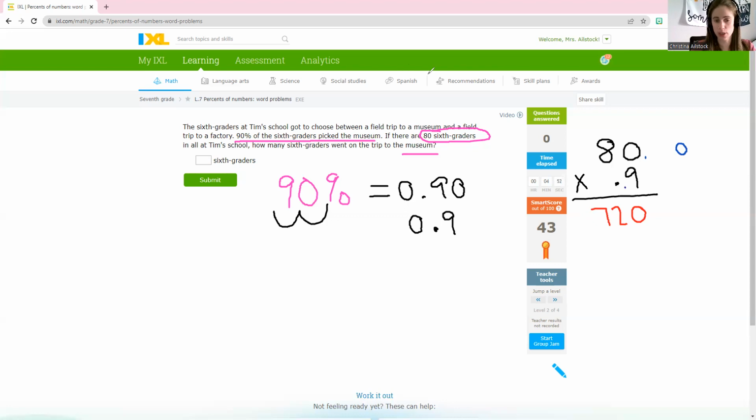And our second number here, we have one digit to the right, meaning in our answer, we need to have one digit to the right of the decimal point, giving us the answer of 72. So 72 of the sixth graders chose that museum trip.